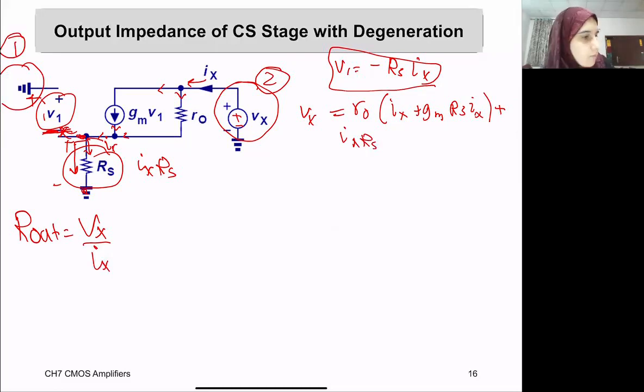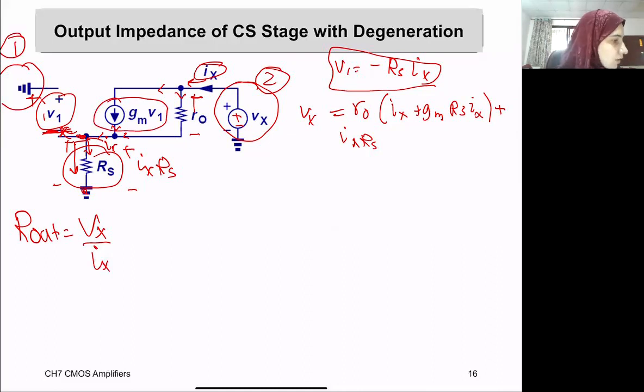Where did this come from? We want Vx to equal the voltage drop across R out plus the voltage drop across Rs. What is the current going through R out? It's Ix minus this portion that goes to Gm V1. So it will be Ix minus Gm times V1.